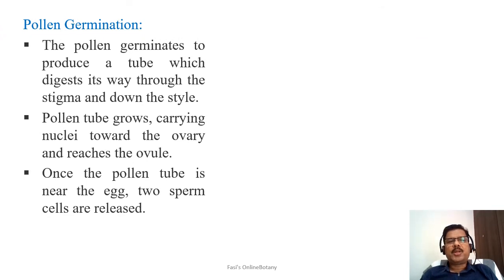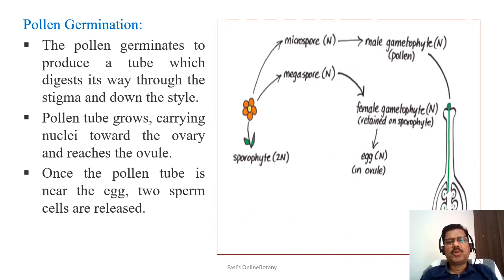The pollen germinates to produce a tube which digests its way through the stigma and down to the style. The pollen tube grows, carrying nuclei towards the ovary and reaches the ovule. Once the pollen tube is near the egg, the two sperm cells are released.